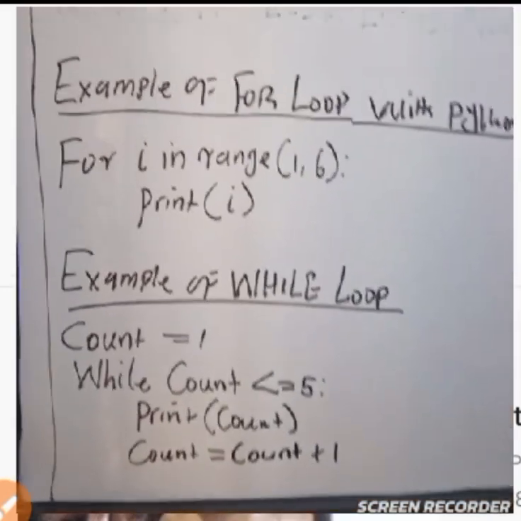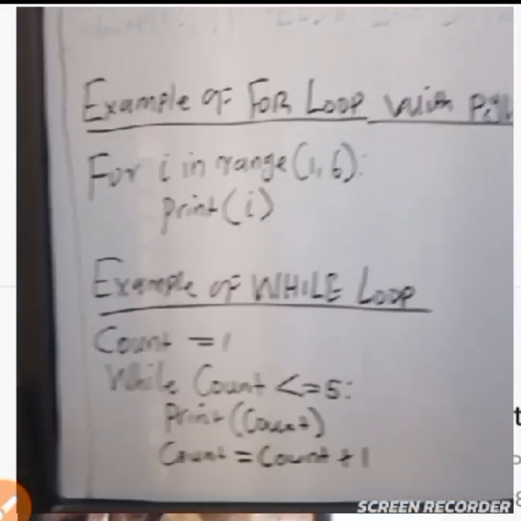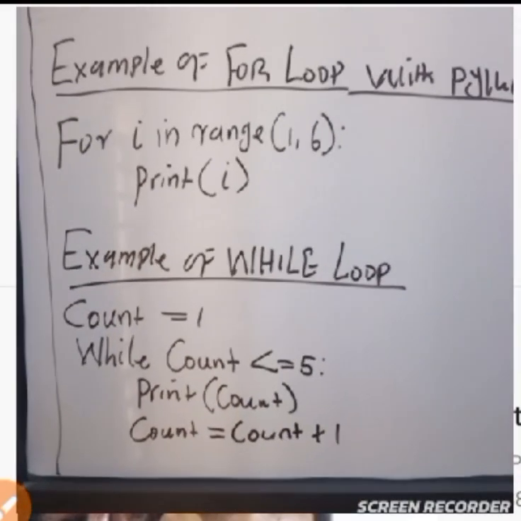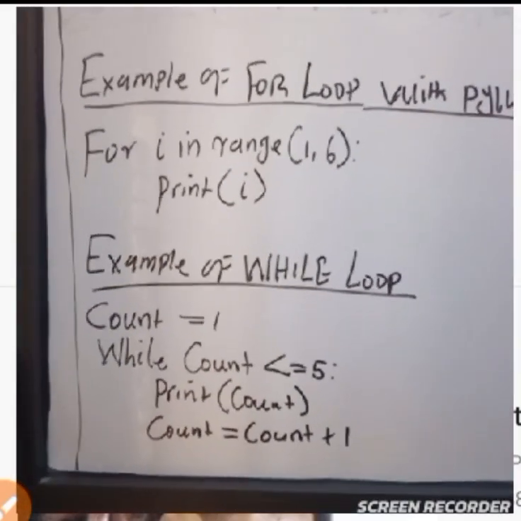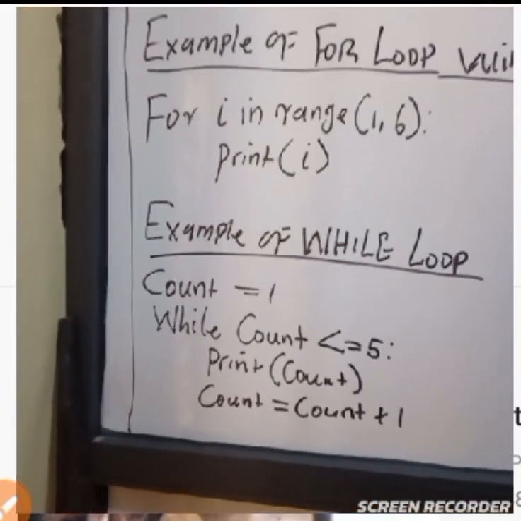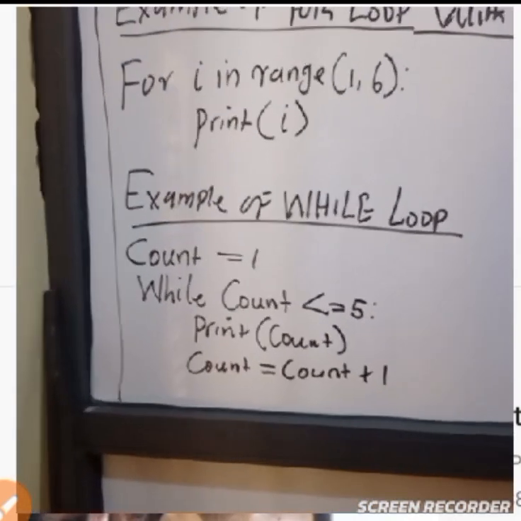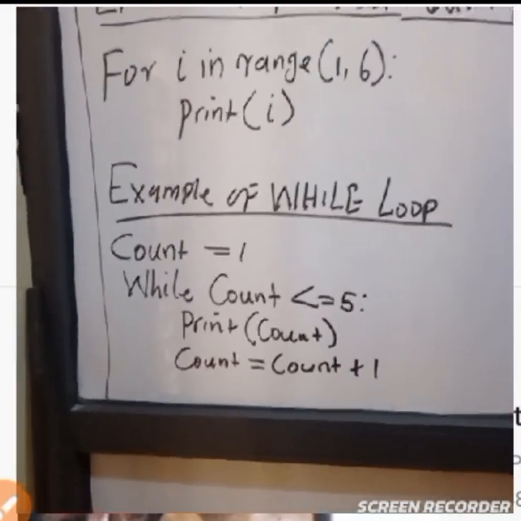An example of a for loop statement with Python. On the board we have: for i in range(1, 6).